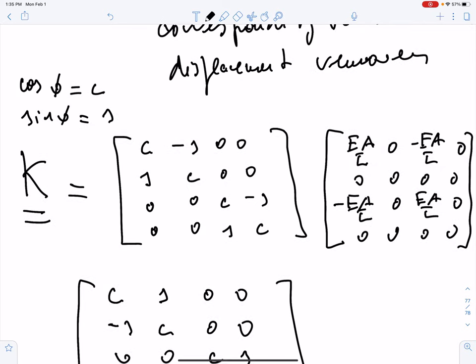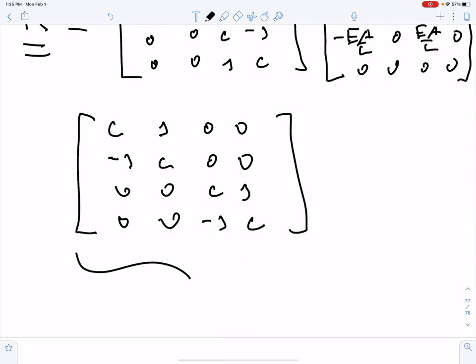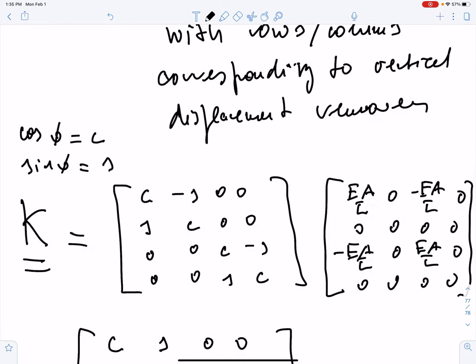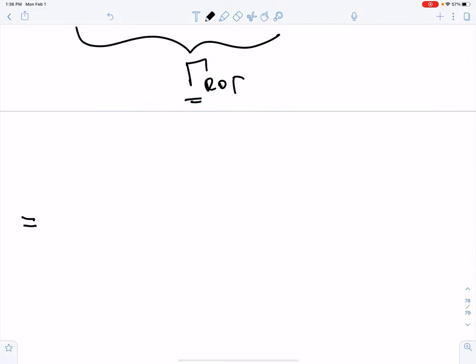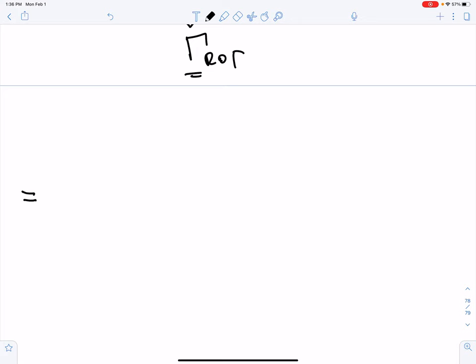So this was our gamma ROT, if you recall, and this is our gamma ROT transpose. And so if you carry out the multiplication, you get the following result. You can factor out EA over L. You get a 4x4 matrix here.